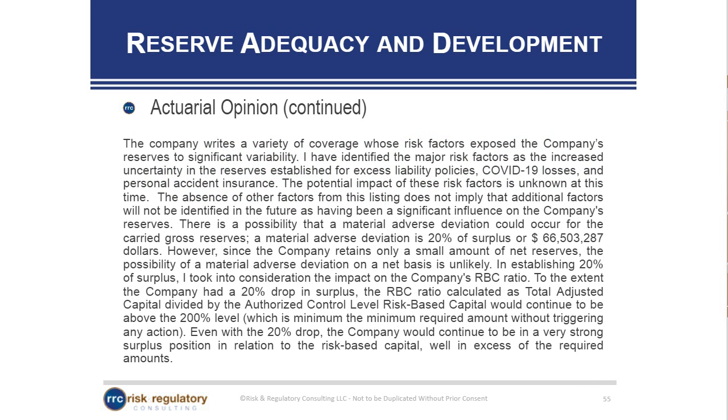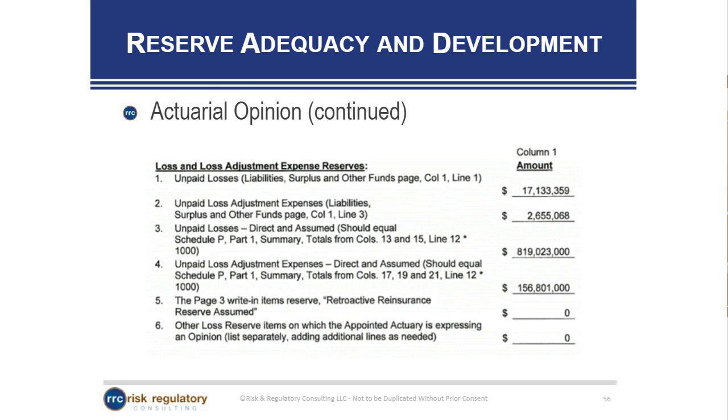And that's just another piece of the actuarial opinion that again points out at the top the sources of uncertainty regarding the reserving. The actuarial opinion has this recap of the reserves that were being certified. You can tie this right to the annual statement and make sure that apples and apples are being compared.